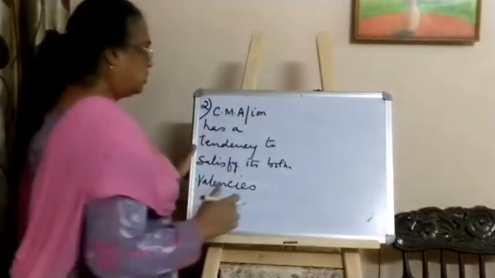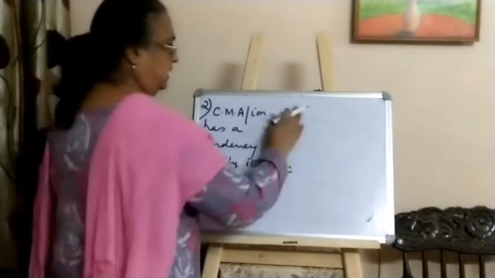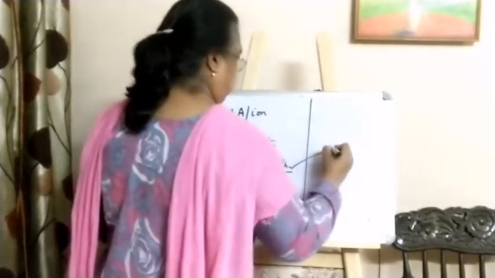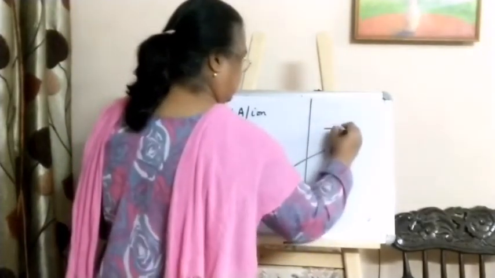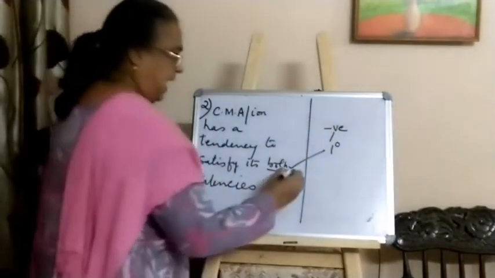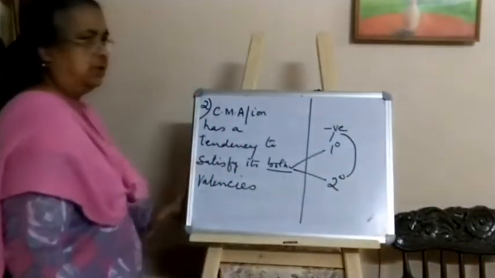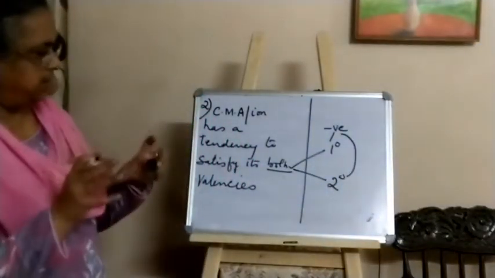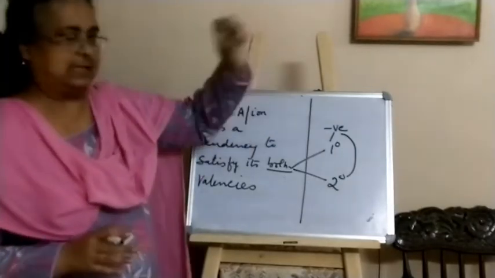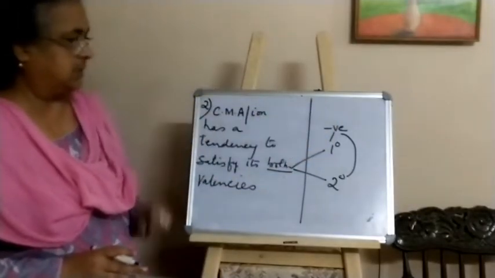So when this is satisfied through both, what happens? Sometimes negative ions are satisfied with primary valency, and these negative ions are satisfied with secondary also. So some anions will be attached to the primary valency, and the same anions will also be attached to the secondary valency.